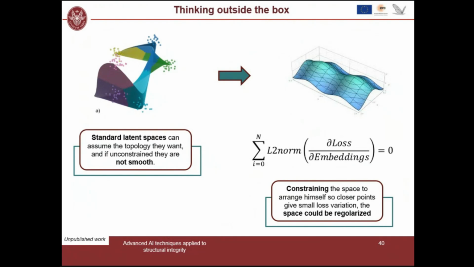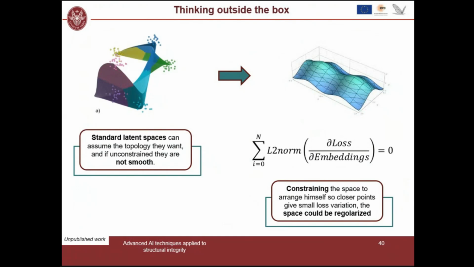You want a latent space that is smooth. The variational autoencoder, for example, tried to solve that issue by imposing that the latent space was curved like a Gaussian ball, but it doesn't need to be like that, because it needs to be smooth, but not that smooth, okay?